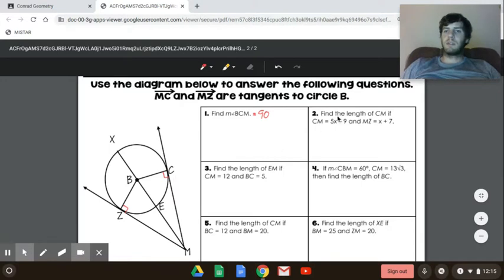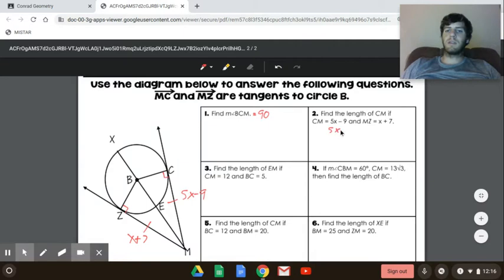Number two demonstrates the second theorem. So CM here is 5x minus 9. Since you have two tangent lines meeting at an exterior point, those two segments, CM and ZM, are going to be congruent, so x plus 7. Those are going to be the same, so we can set them equal to each other.